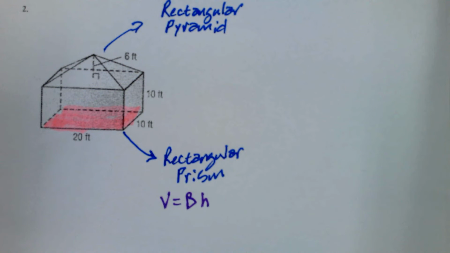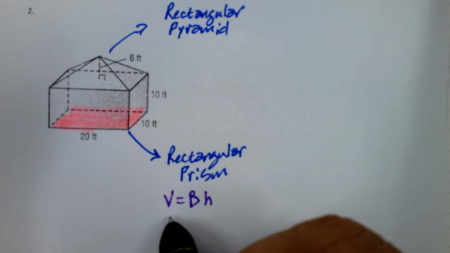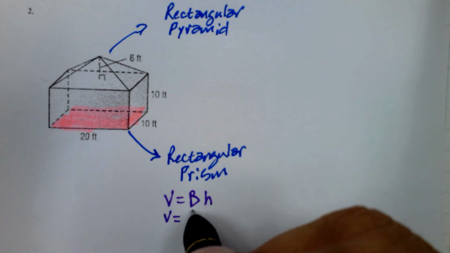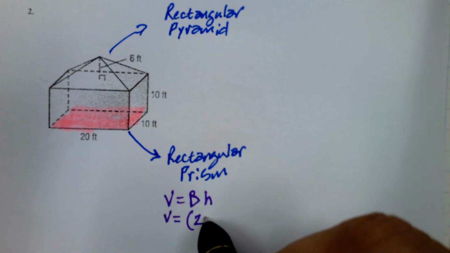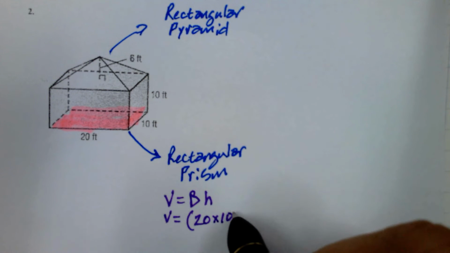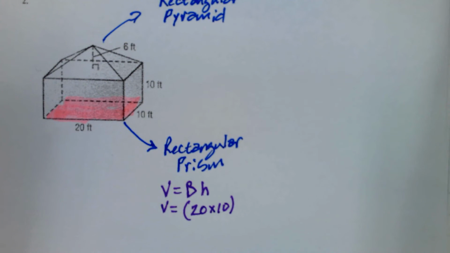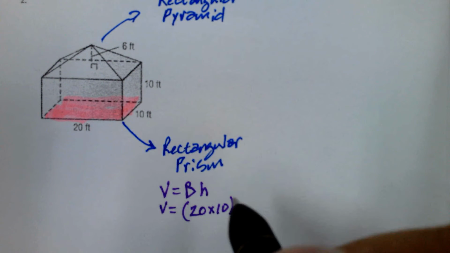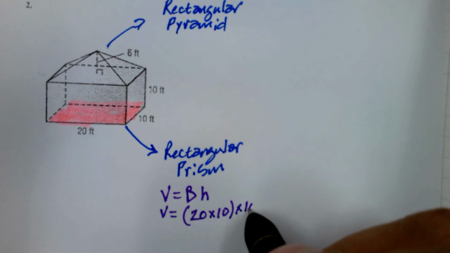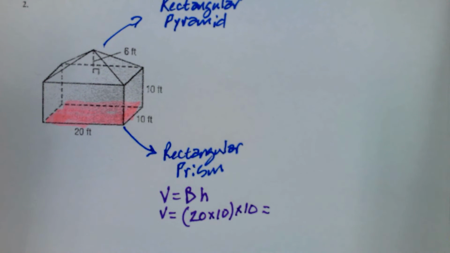Yeah, it's 20 times 10. All right, so let's use that. So this is going to be 20 times 10. And then we've got to multiply by the height. What's my height? 10. So let's figure that out.